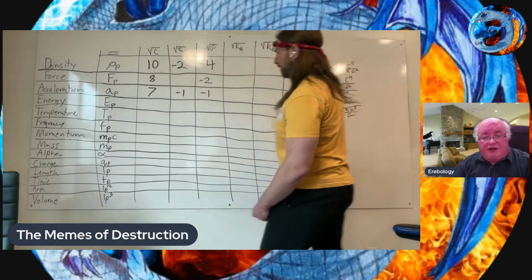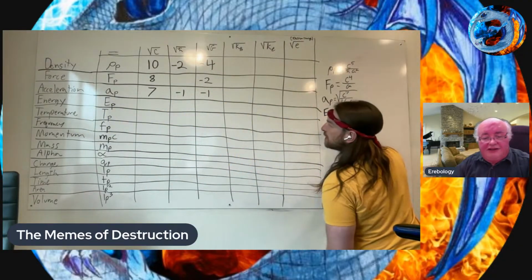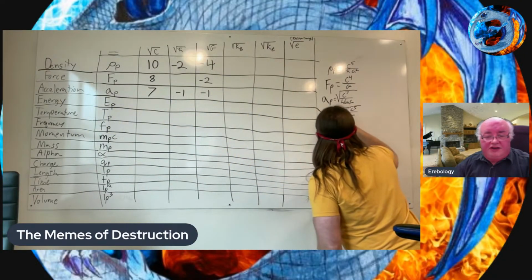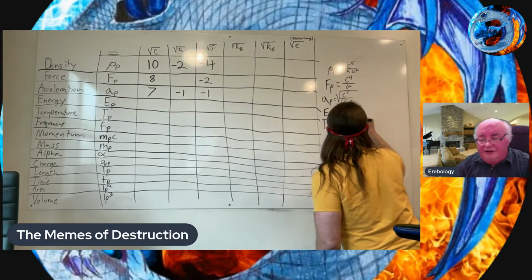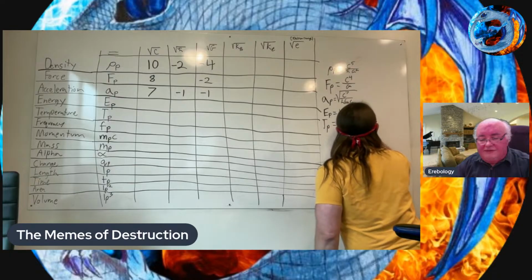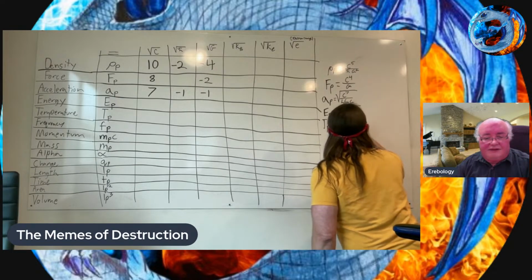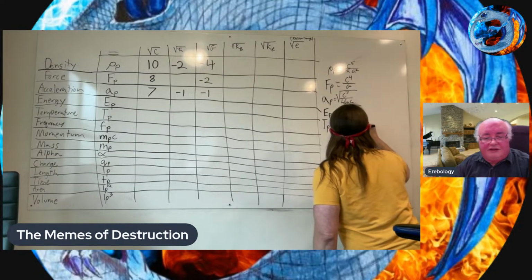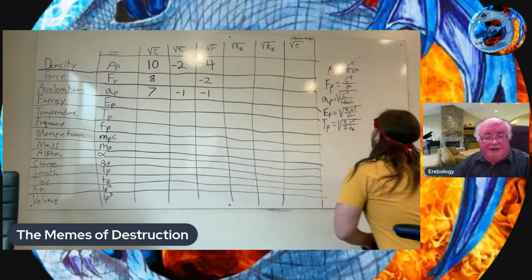So temperature is the same thing as energy, but there's a k sub B squared in the denominator. That would be everything under the radical h bar c to the 5th over big G and k squared sub B.